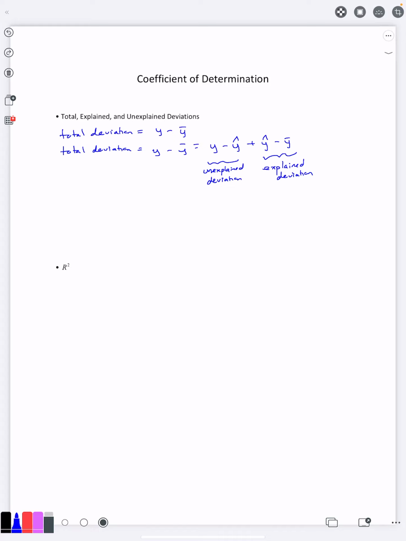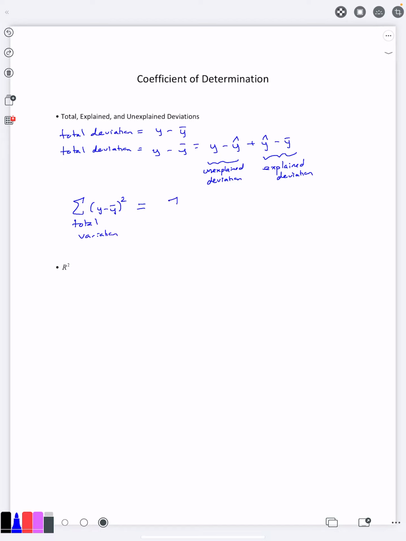And it turns out mathematically you can prove that if you were to take all of the total deviations, square them to make sure they're all positive, and add them all up, that's the sum of all the total deviations, and we call that the total variation.